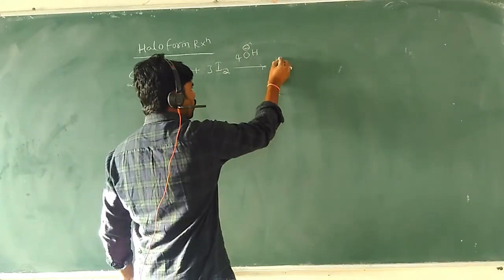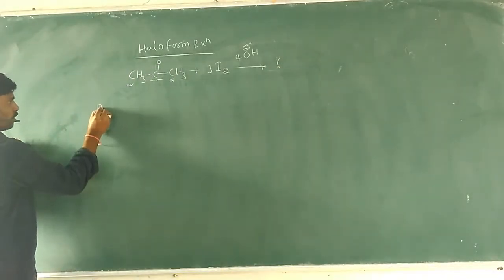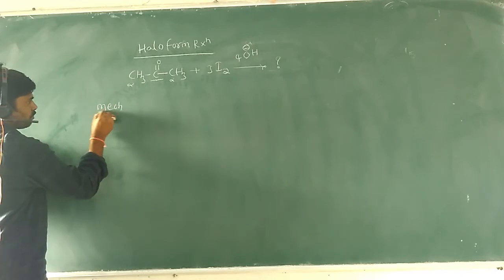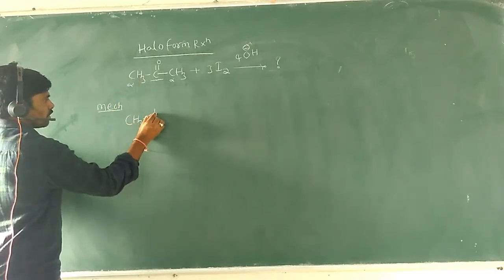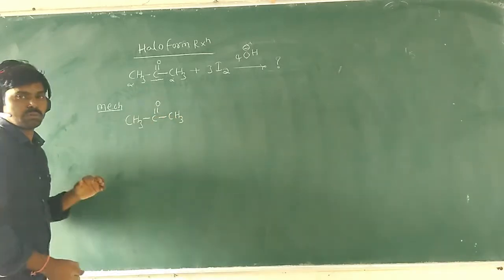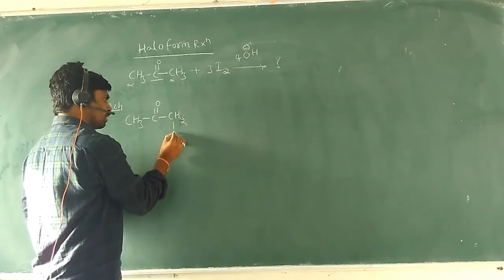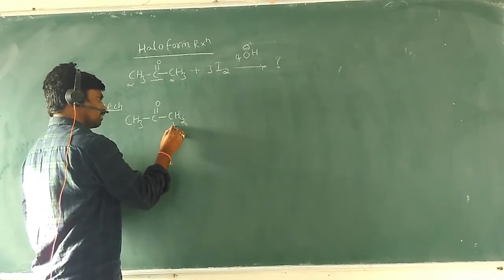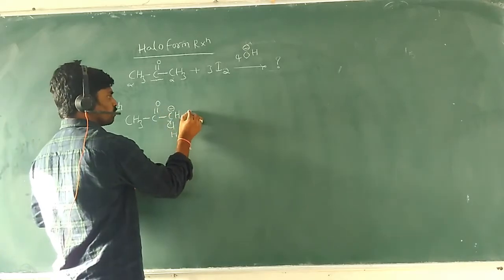So what does it form? I'll write the mechanism. Look at here. First I go for the mechanism. This is CH3, C double bond O, CH3. This is the acetone. I write one hydrogen of this carbon separately, written like this, CH2 getting a negative charge.